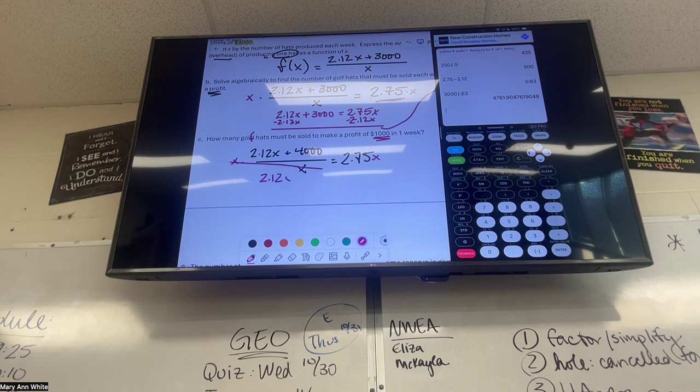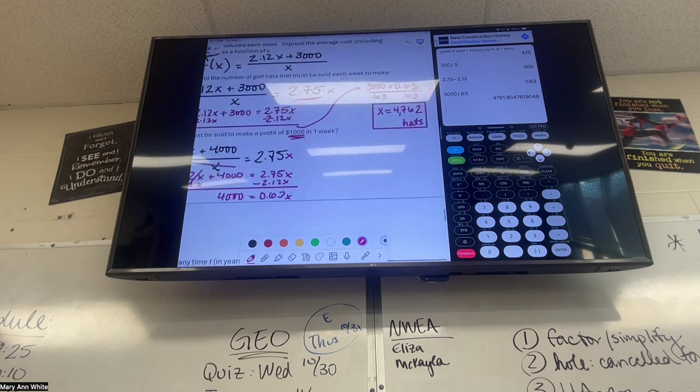Same process as before, almost identical numbers. But now I'm not dividing 3,000 by 0.63. I'm dividing 4,000 by 0.63. And 4,000 divided by 0.63 is a lot bigger.